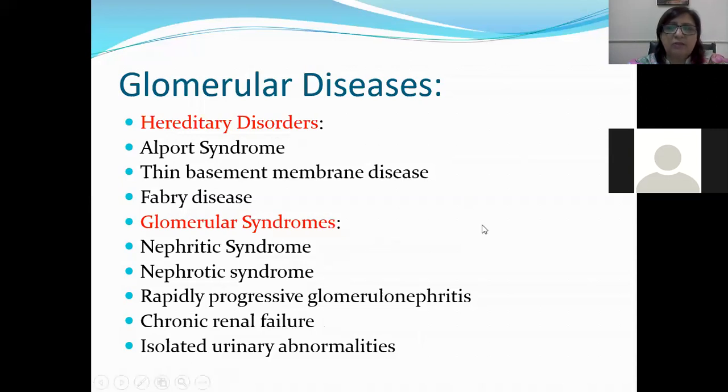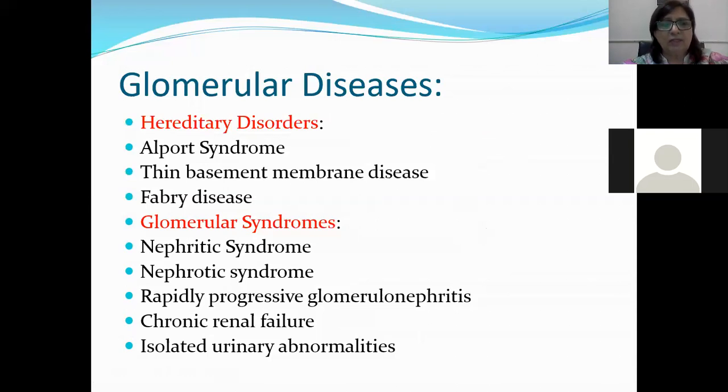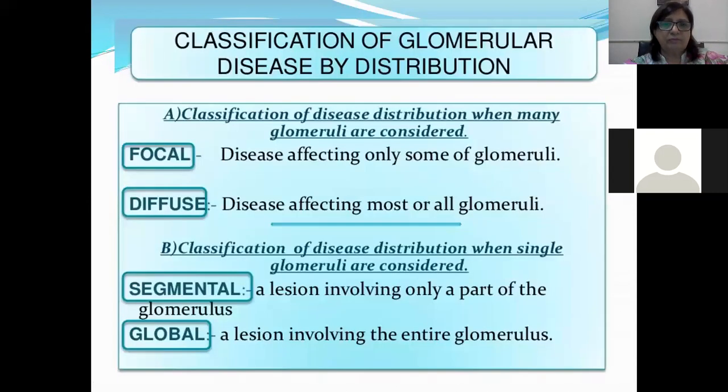So this is a list of primary glomerular diseases, secondary systemic glomerular diseases, hereditary disorders, and glomerular syndromes. With each glomerulonephritis, I'm going to tell you which one is leading to nephritic syndrome and which one is leading to nephrotic syndrome.